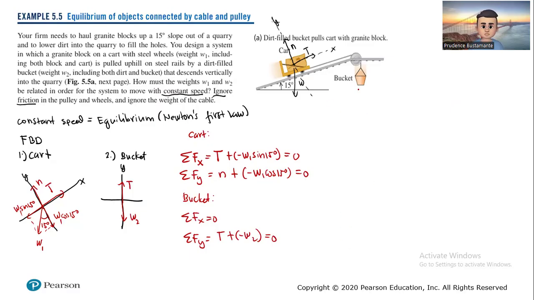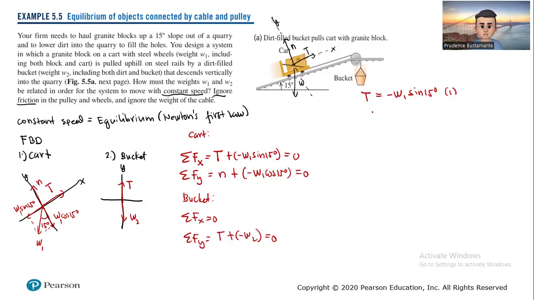Okay, you can get the equations. The tension is equal to weight 1 sine 15 degrees. So that is our equation 1.